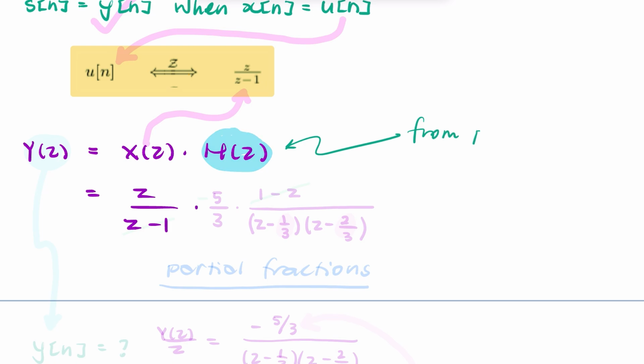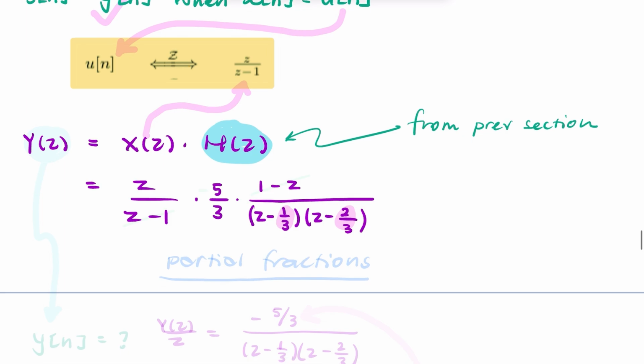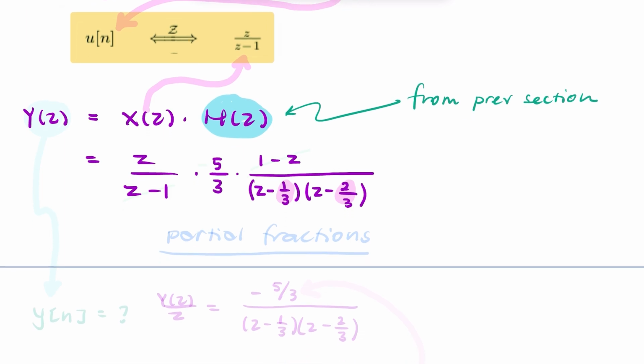So the transfer function is this expression here. So we can copy that and multiply it here, and that's going to be our y of z.